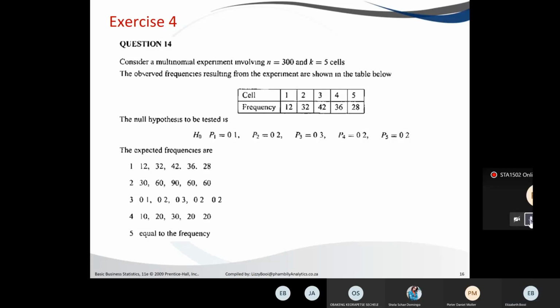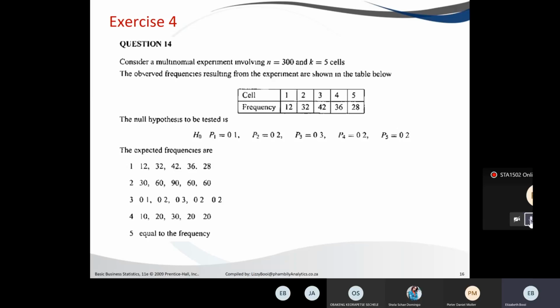Welcome back to your second session. We will start in 1 minute. I hope you were able to answer this question that I posted here.